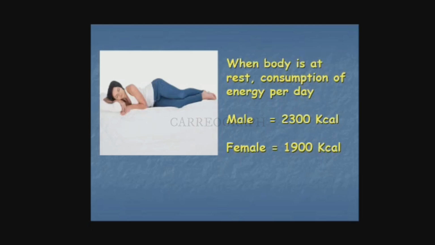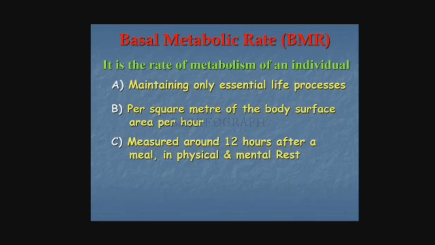And as per the activity we do, the body requires energy, and we get that amount of energy from catabolism. Now friends, how fast the body gets energy is calculated through BMR, that is basal metabolic rate. It is the rate of metabolism of an individual for maintaining only the essential life processes.